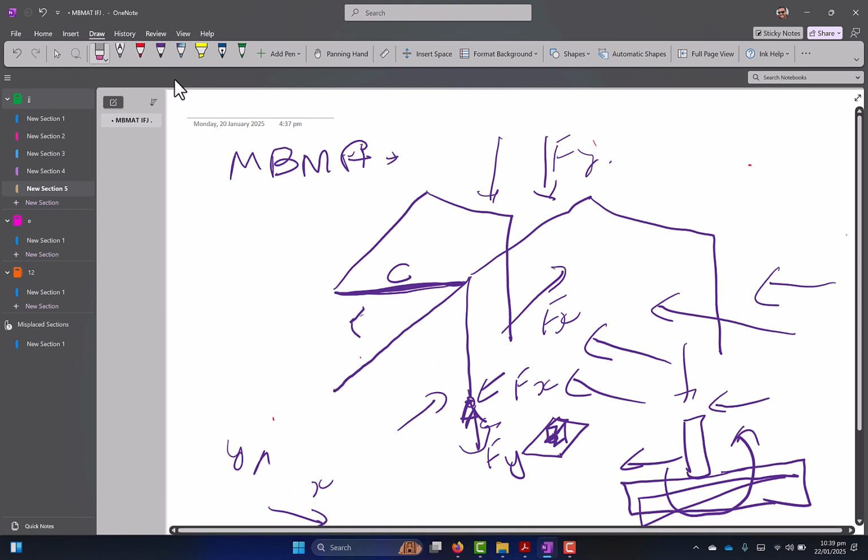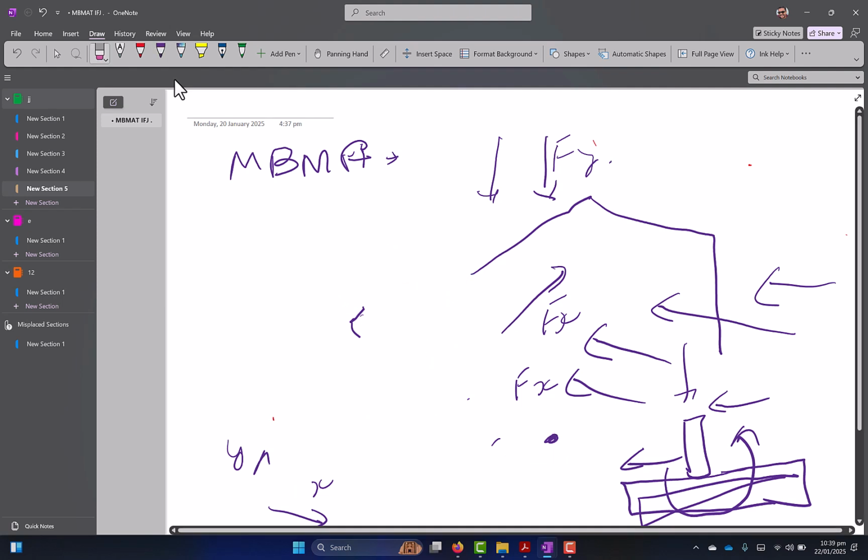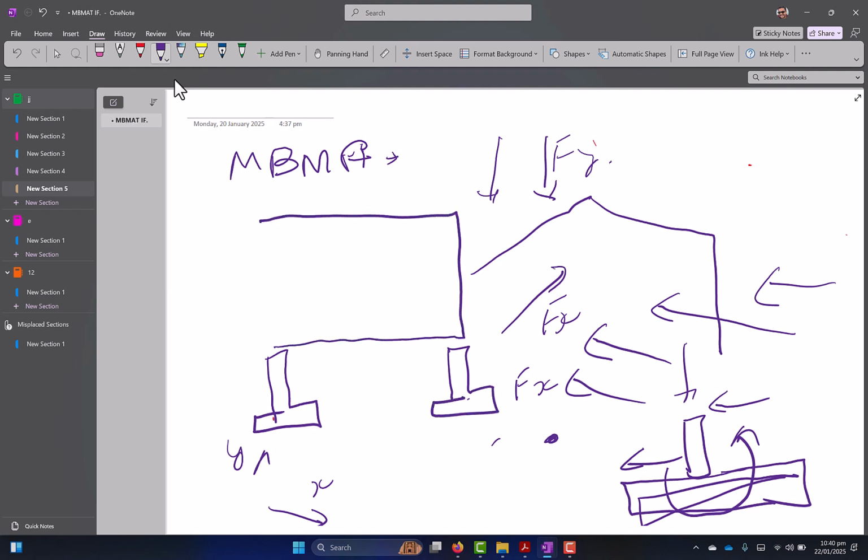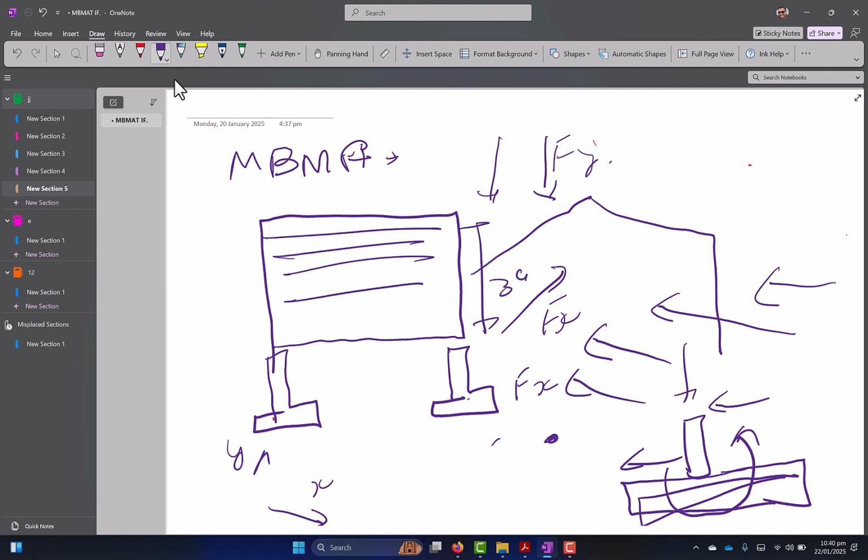You mostly use plinth beams where you need brick masonry. So if I have, let's say, this foundation here and this foundation here, and I have to have brick masonry here, let's say up to, usually, 3 meters, for that purpose we use a plinth beam to support the load of this.